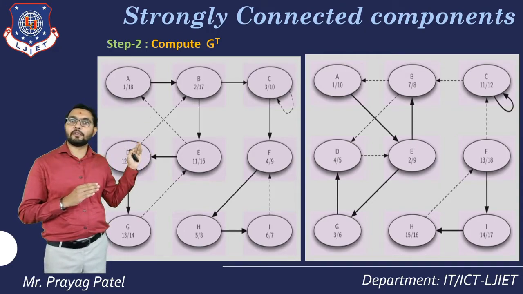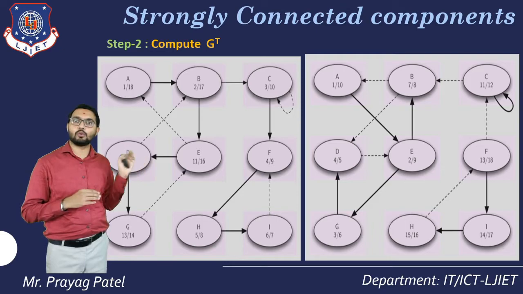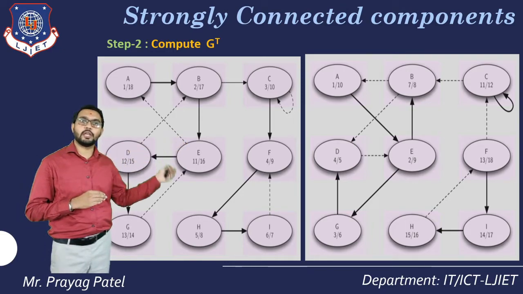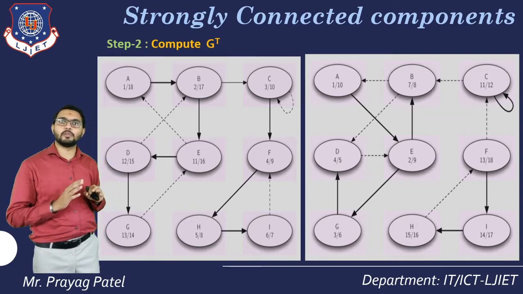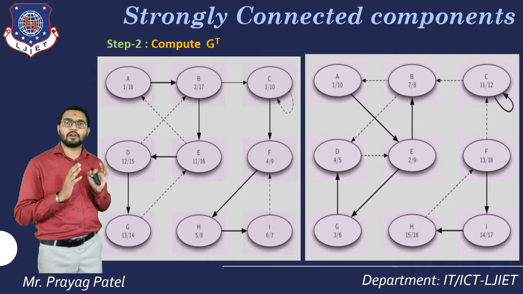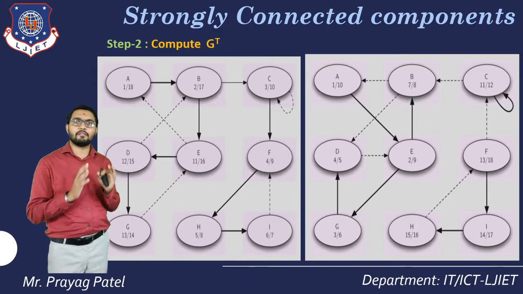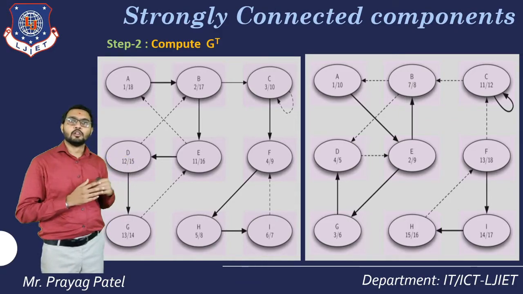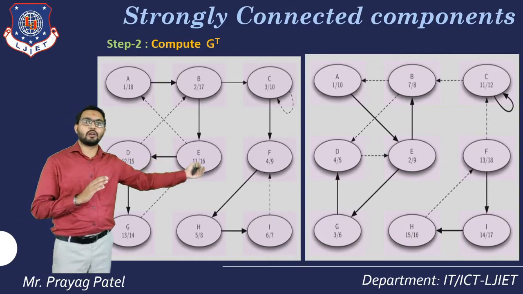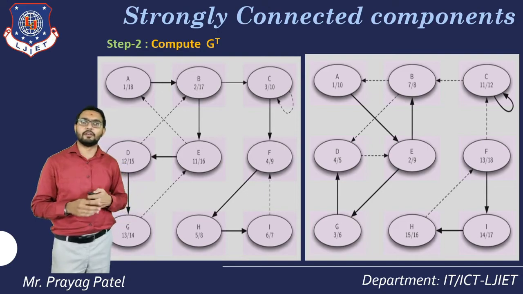Then consider in the first figure one edge from E to A. So in the second figure we change this to A to E. The same way you can perform the GT operation, meaning change the direction of each and every edge. So here the direction for each and every edge follows the first figure to second figure conversion.